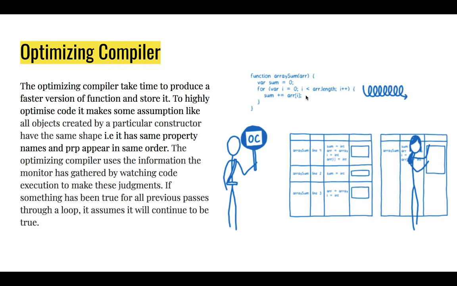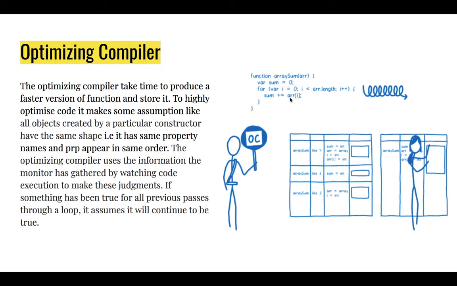What the optimizing compiler will do is make some assumptions. Say, it will assume that array is an array, sum is an integer, array I is an integer, if it saw that for, let's say, 10 or 20 iterations this was true.